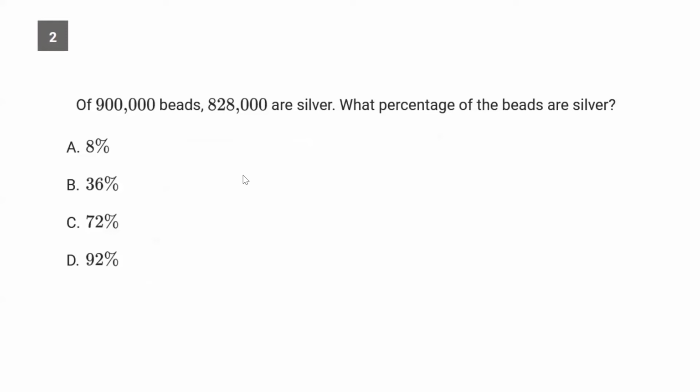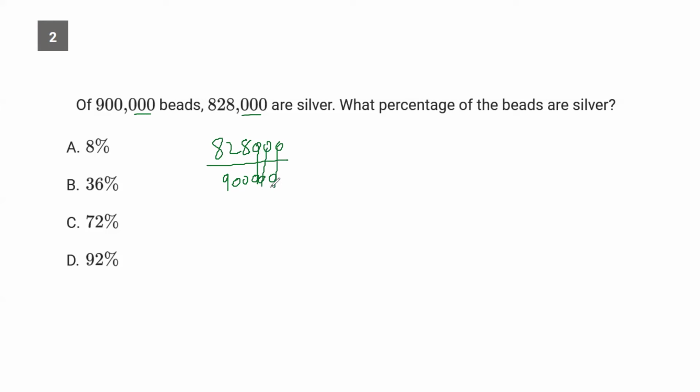So if 900,000 beads, 828,000 are silver, what percentage of the beads are silver? So you see how they're both thousands? So I would save time and not even put in those 3 zeros for each of them. You'll see why, because we're doing 828,000. Convert percentage, right? You take part over whole. And these zeros would cancel out.